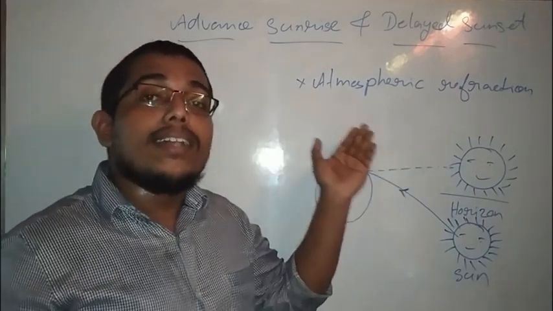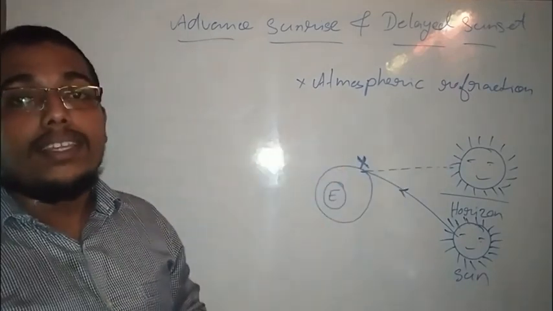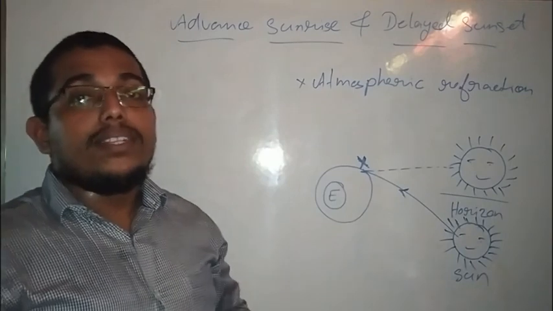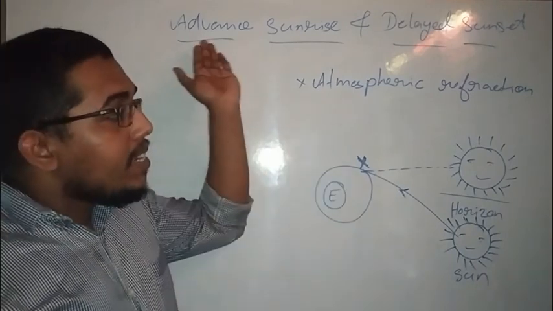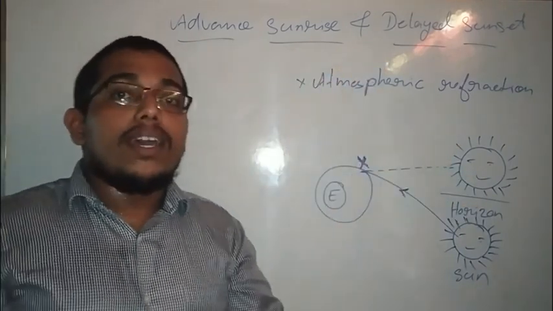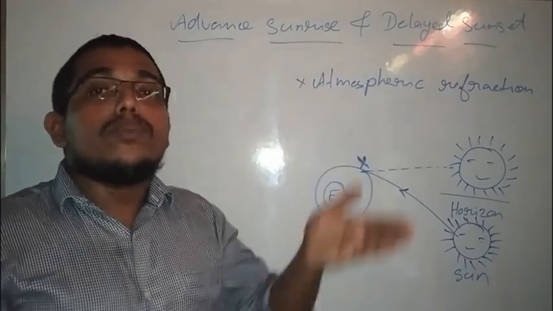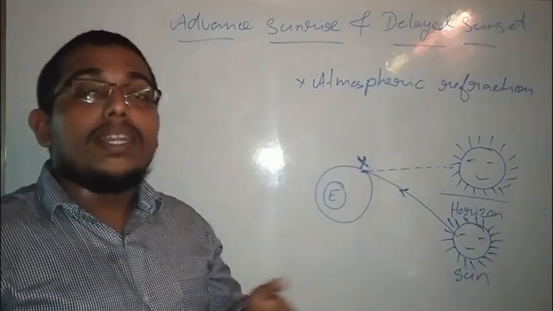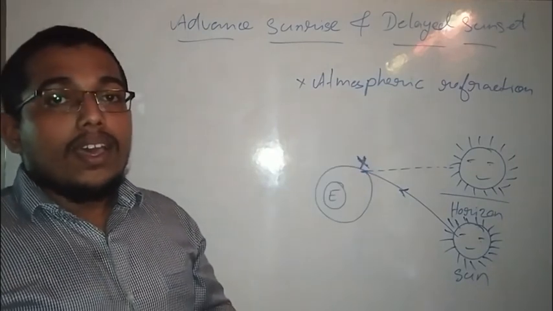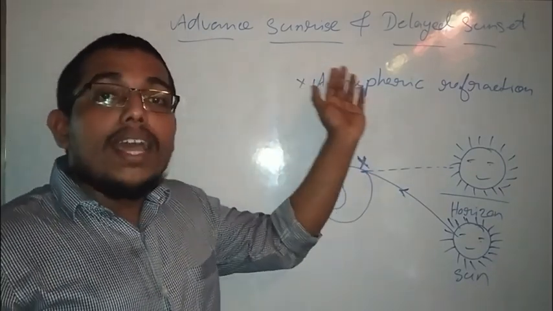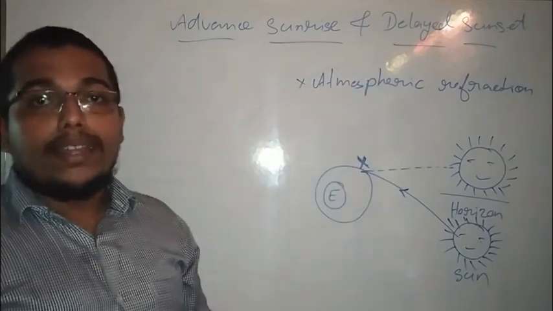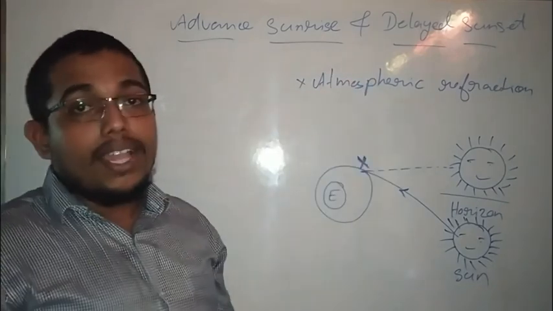Each layer has its own optical density because of the variation of temperature. So when the light is passing through all these media, or the light is entering from one medium to another medium or through different media, as a result, the refraction of light takes place in the atmosphere. That is called atmospheric refraction.